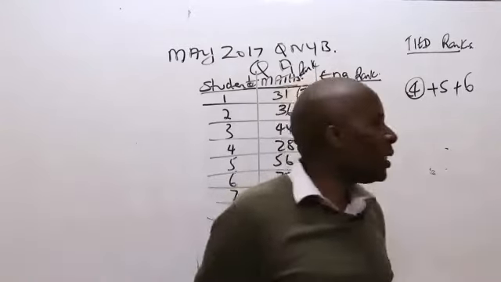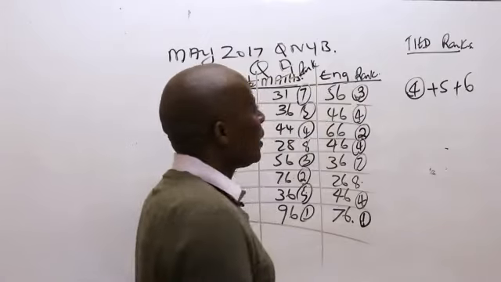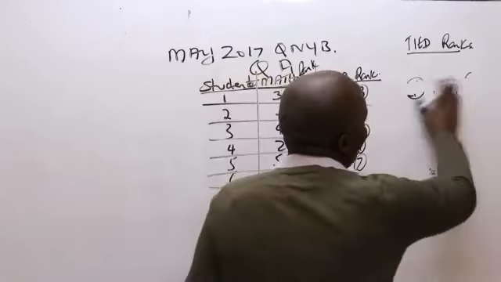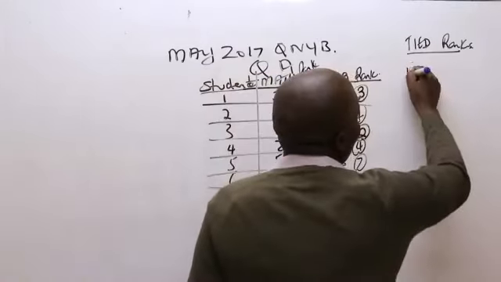Each member in the tie shall receive an average rank, in brackets AR. Now listen to me very well. Look at the tied ranks in mathematics.